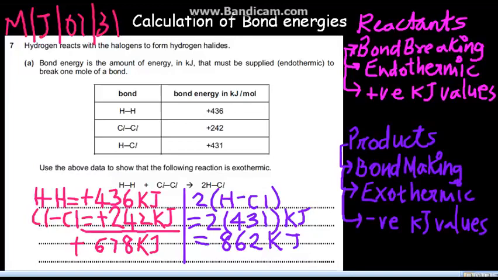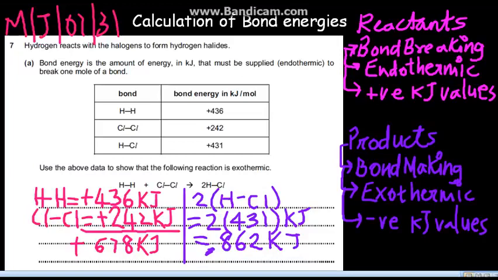Now, as I told you, the bond energy value will be negative because bonds are being made, because energy is being released. So on the left hand side, you have plus 678 that was supplied, and on the right hand side, you have minus 862 kilojoules that was given away.